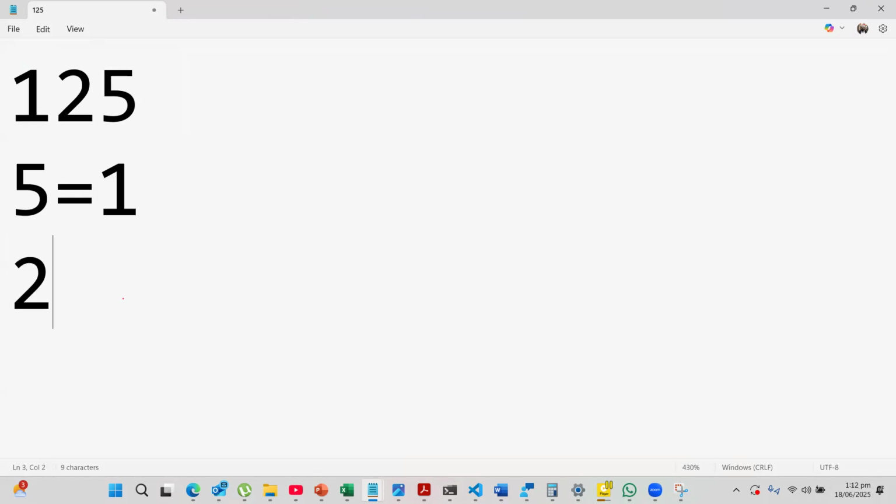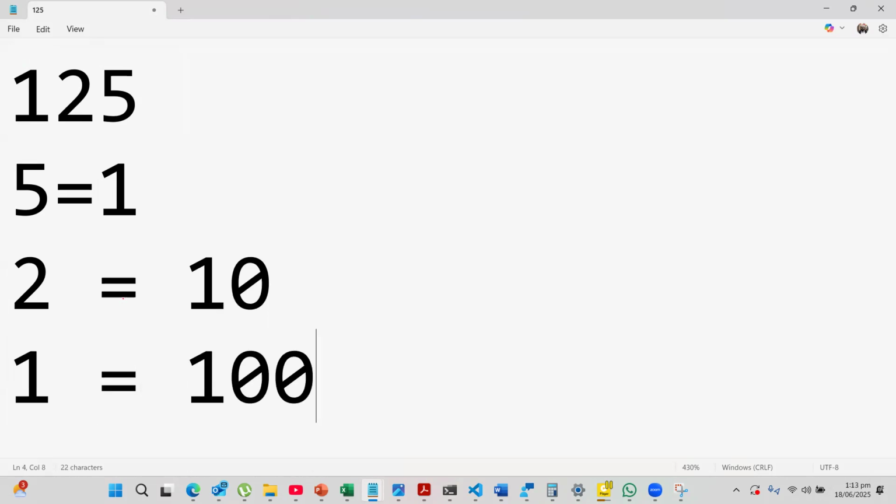Ones. The positional value of the 2 is tens. The positional value of the 1 would be hundreds. So this is the numbering system that we use so that I can say this is 100, 20, and what? 5. That is how I would see this and recognize this.